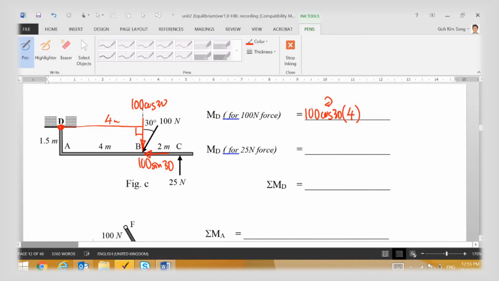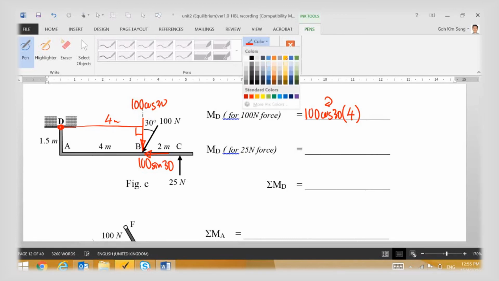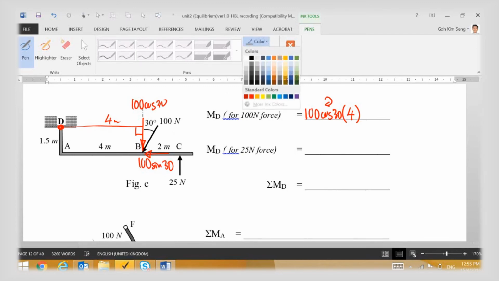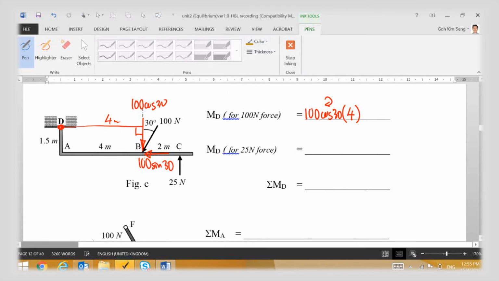For the second one, the 100 sin 30, produce the line of action of the component, it's going this way, and the perpendicular distance is 1.5.